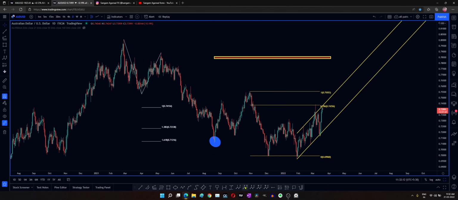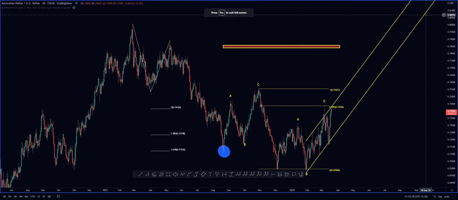Because if you compare the previous wave, you can see it is a flat ABC correction, and this is also a flat ABC correction. So this can be a chart pattern, but we will only know about this chart pattern when we reach the final stage of the breakout.